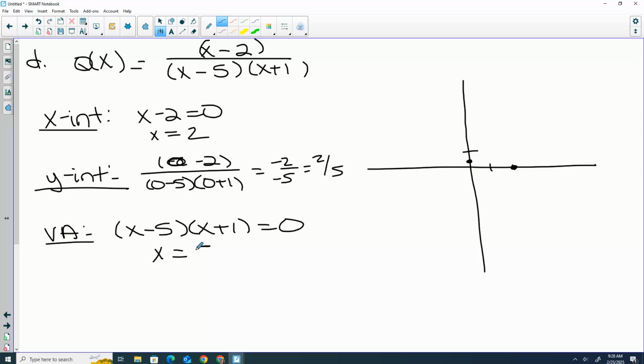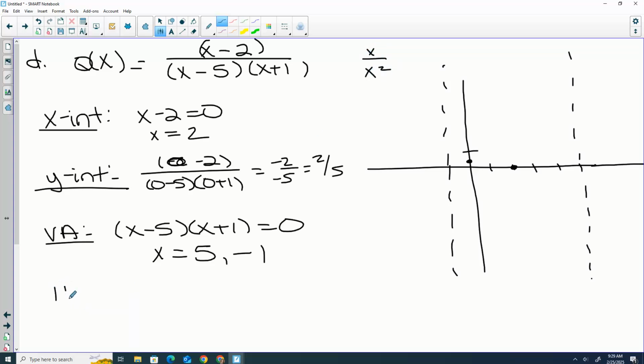So we get +5 and -1. Those are lines, so I need the equation, you have to draw them as dashed. Okay, horizontal or oblique. So if we look, we have x divided by x squared. What does that tell us? If we divide that, we have 1 over x. If x is on the bottom, it's y equals 0.